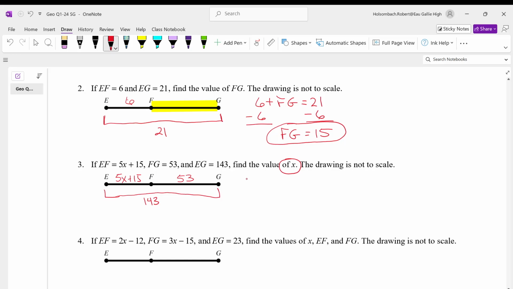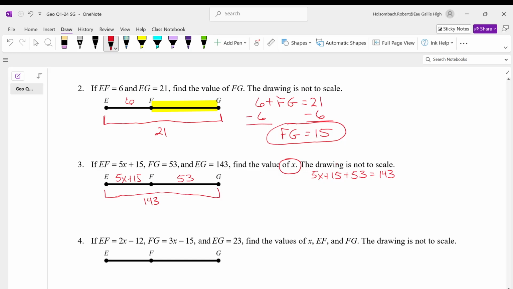We have to write an equation. Same concept applies. The sum of the two smaller segments is equal to the entire segment. So we're going to do 5x plus 15 plus 53 is equal to 143.